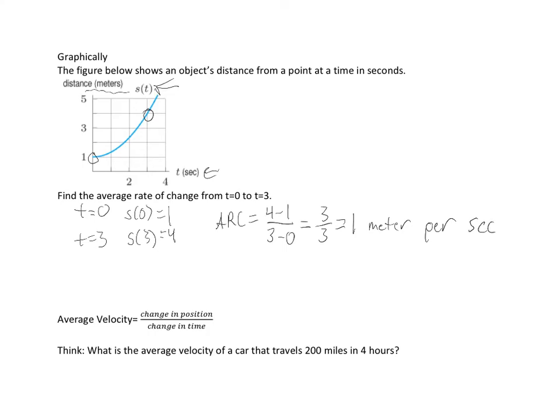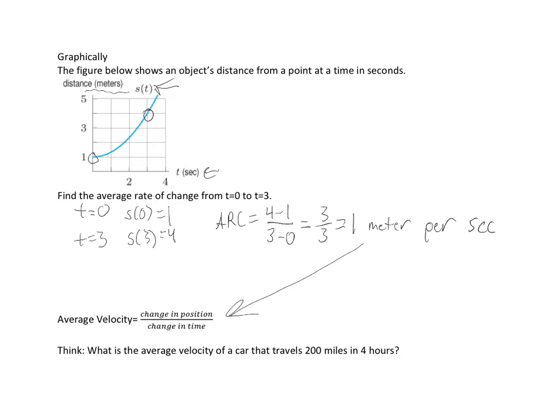What this is actually showing is a speed that this particle, or this object I should say, has an average speed of 1 meter per second. And what we've actually shown is an important idea, which is average velocity. Something's average velocity, if we think of velocity kind of similar to speed, is an object's change in position over change in time.